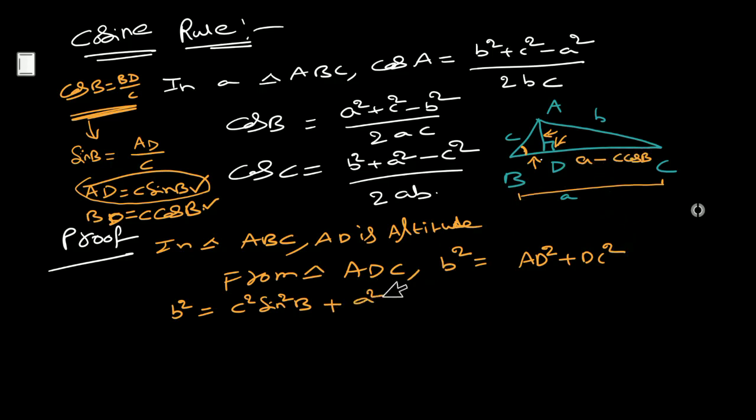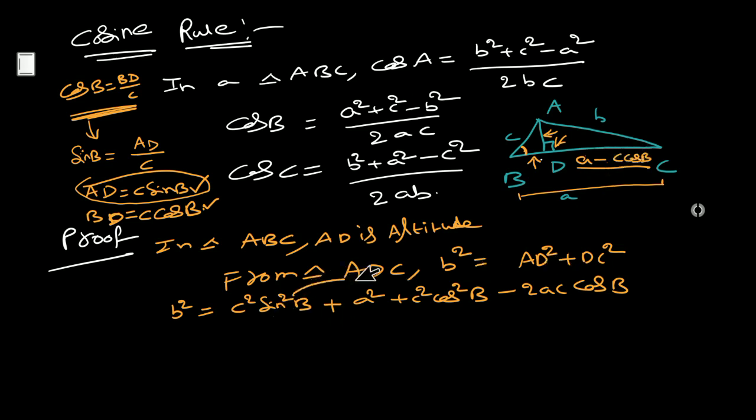That means A square plus C square cos square B minus 2AC cos B. I have applied the a minus b whole square formula here.